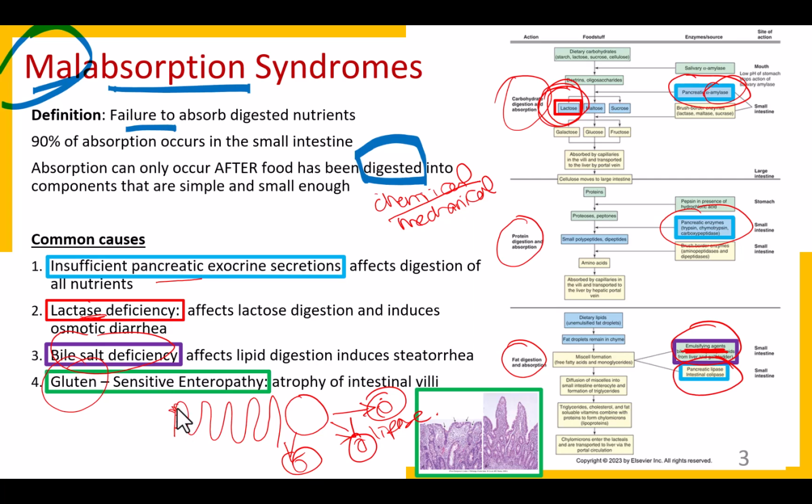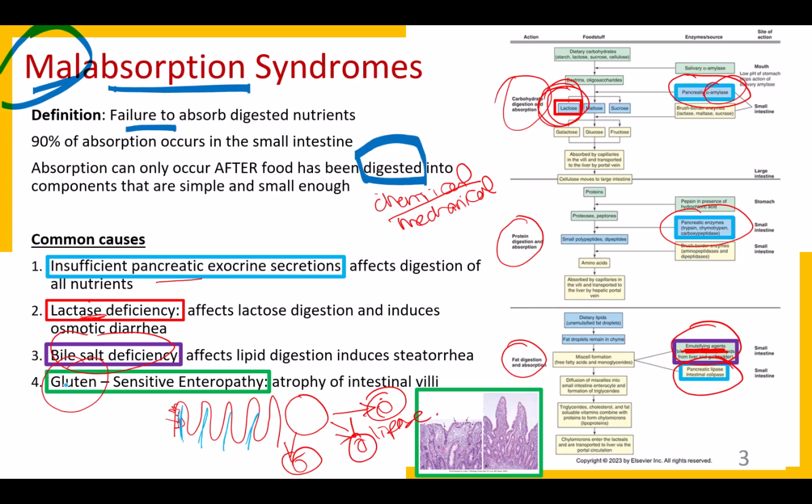And for nutrients to be absorbed, they have to go through the microvilli and the villi, and then what you have is capillaries and lacteals in the villi that the absorbed food can actually enter into.